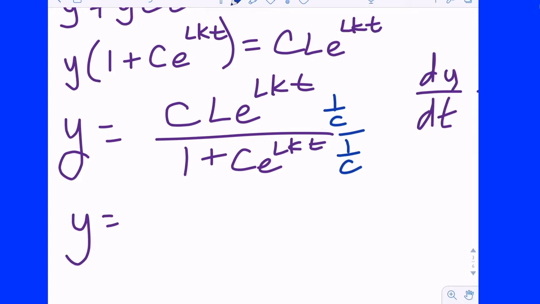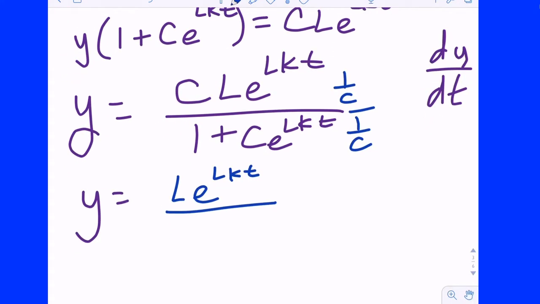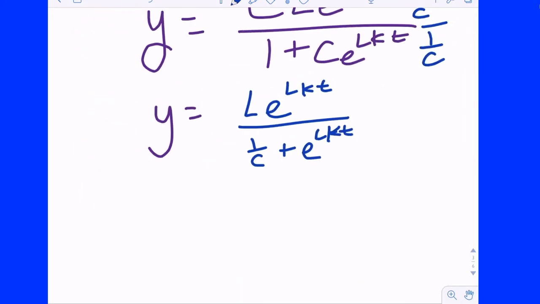In the top, what happens with your C's? They divide out, and I'm left with L times E to the LKT. And at the bottom, I'm left with 1 times 1 over C, which is 1 over C, plus now the C's divide out when I distribute to the E to the LKT power. Okay, I'm still in the process of solving for Y. I'm manipulating.